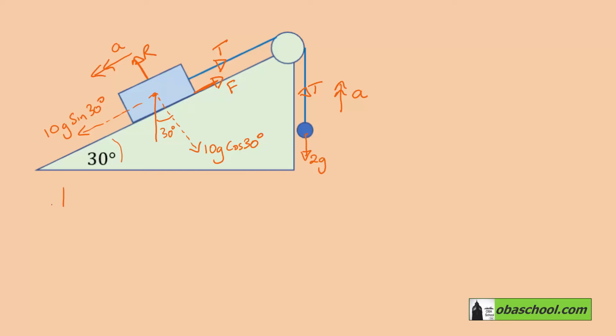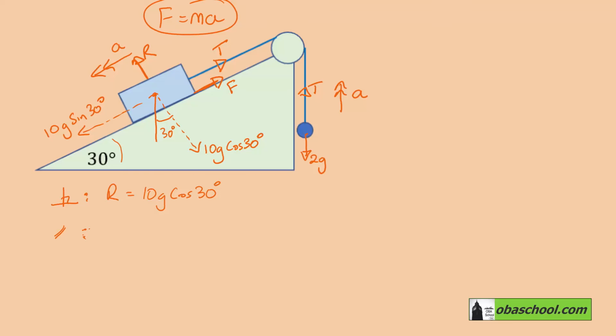So if we look perpendicular to the slope, we must have R equal to 10g cos 30, as those are the only forces acting perpendicular to the slope. If we look parallel to the slope, we're going to use F equals ma because there'll be acceleration.